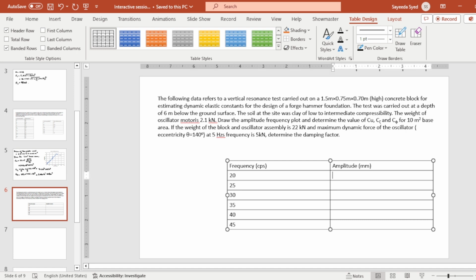The amplitudes are 0.018, 0.030, 0.068, 0.120, 0.138, and 0.130. Oh, 0.138. Okay, so this is the data given to us.